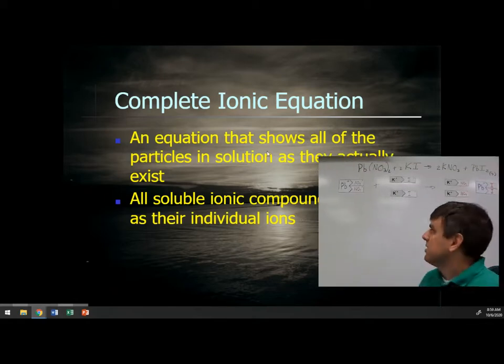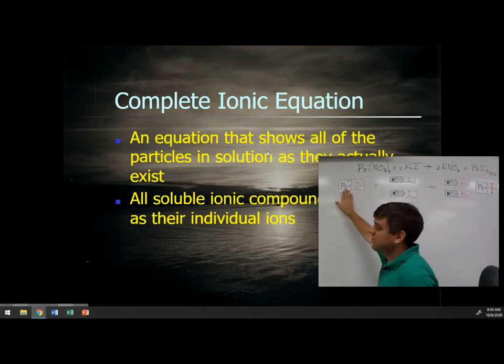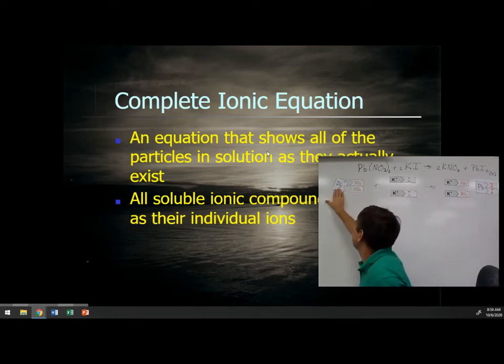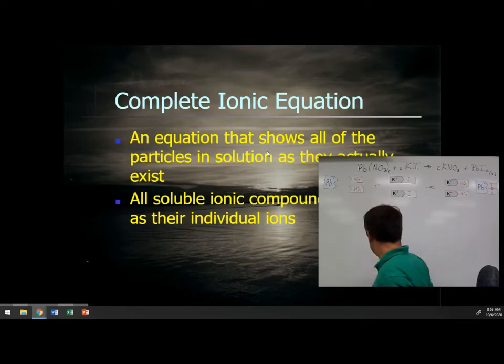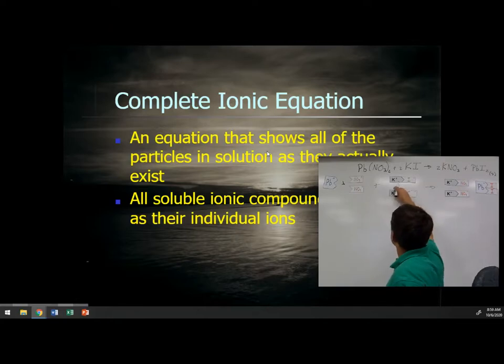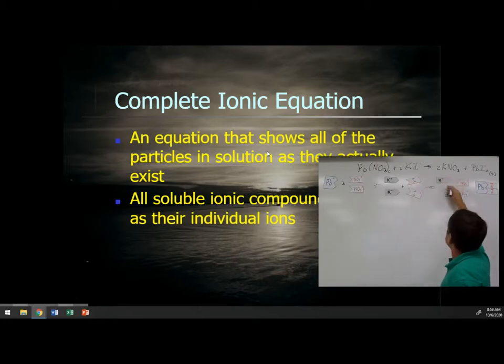So if we go back and look at this equation, lead nitrate, all nitrates are soluble. So we would break this apart into lead plus nitrates, plus potassium ions plus iodide ions, plus potassium ions, plus nitrate ions, plus the lead(II) iodide that stays together as a solid.